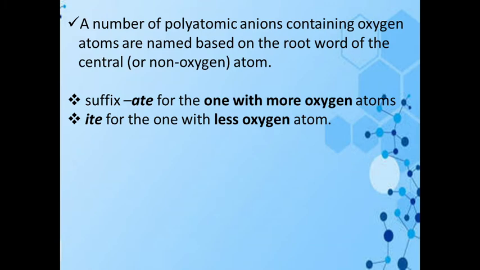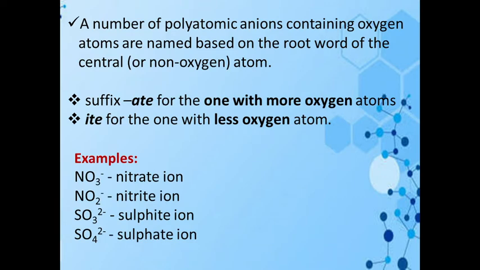We use the suffix ate for the one with more oxygen atoms, while we use ite for the one with fewer oxygen atoms. For examples, we have nitrate ion, nitrite ion, sulfite ion, and sulfate ion.